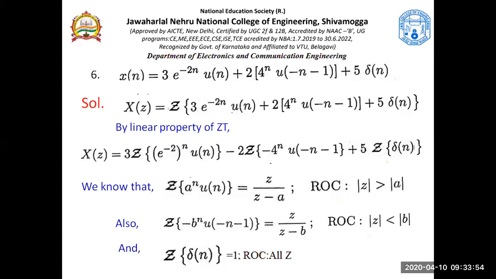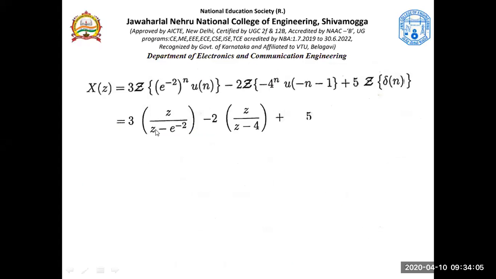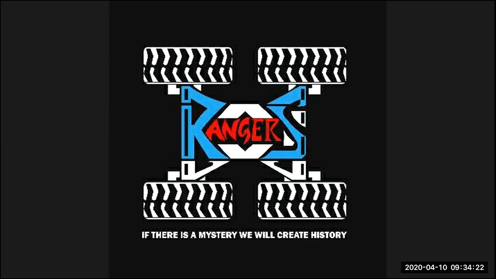Now the ROCs need to be taken care of. So how would the ROCs look like? What would be the ROC of this? How to find out the ROC for this? The magnitude of this should be greater.